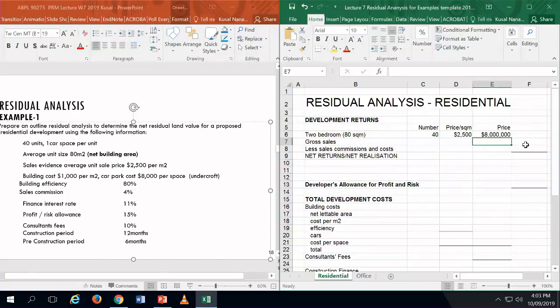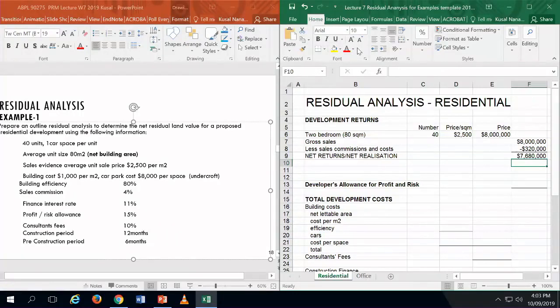That's the gross sale. And sales commission, 4% of this, $320,000, and net realization 7,680,000.